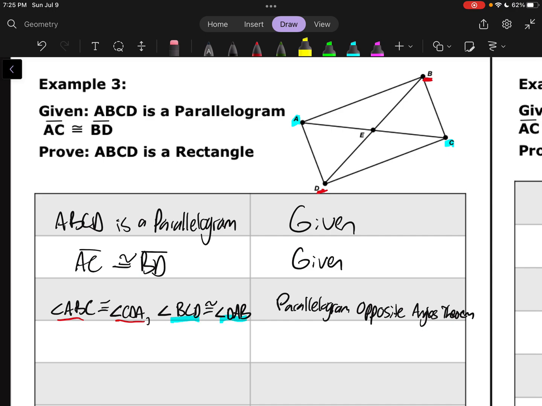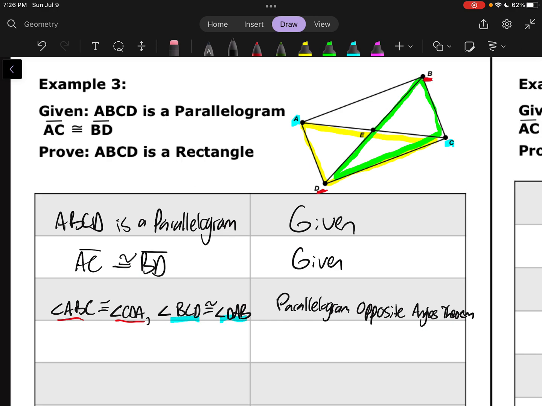Now, in order to do that, similarly to what we did last time, I'm going to focus on two triangles that use two of those angles. If I can get yellow triangle congruent to green triangle, then by CPCTC, I can say that angle CDA is going to be congruent to angle BCD, and then I can use substitution to say all four of them are the same.